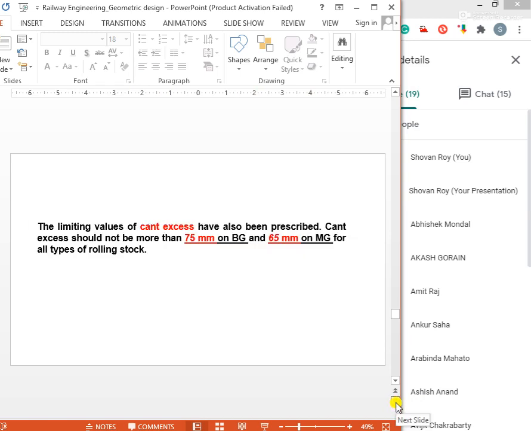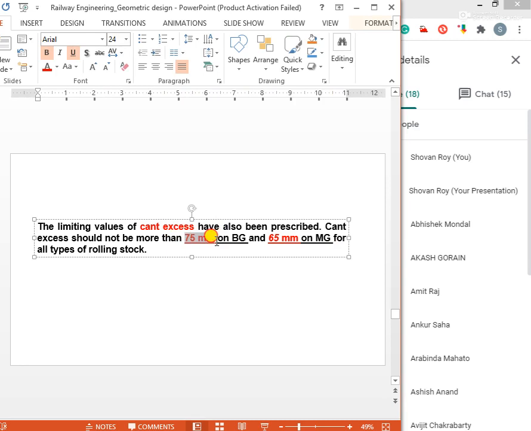And for cant excess, the limiting values have also been prescribed. Cant excess should not be more than 75 on broad gauge and 65 on meter gauge for all types of rolling stock. So the cant excess value is also 75.